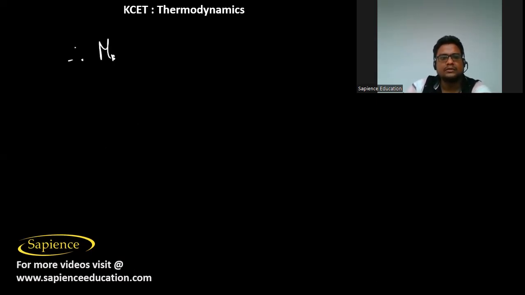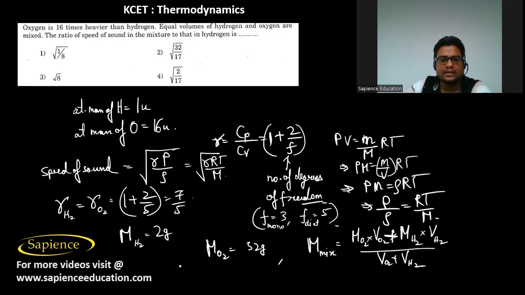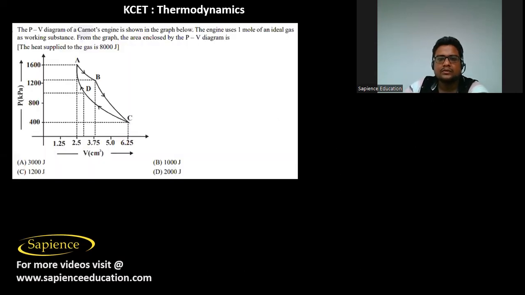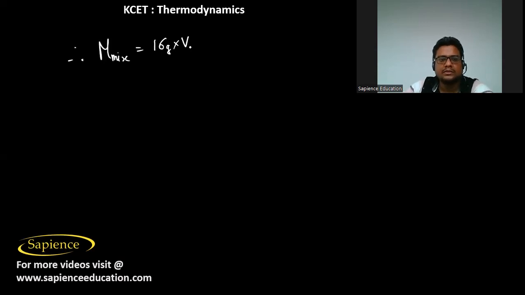Therefore the molar mass of the mixture will be equal to the molar mass of oxygen, which is 16 gram, into, let's say, V. The volume of oxygen is the same as the volume of hydrogen, which is V, since they are the same. So it will be 16 gram into V plus 2 gram into V, by 2V.